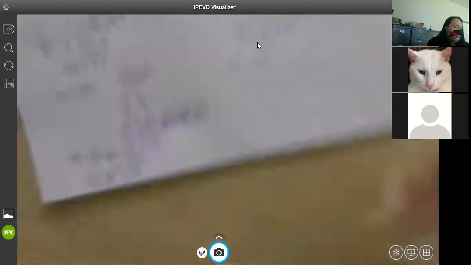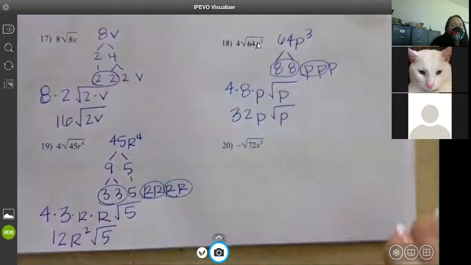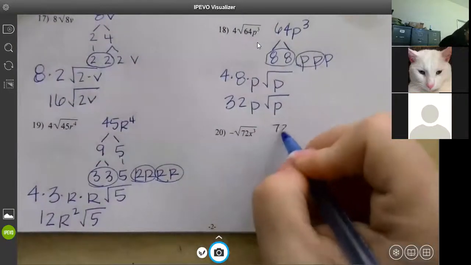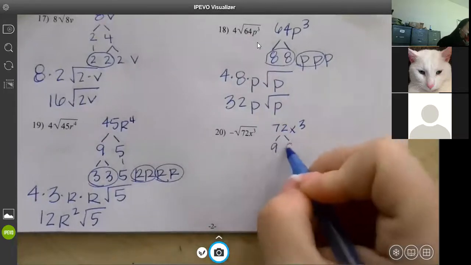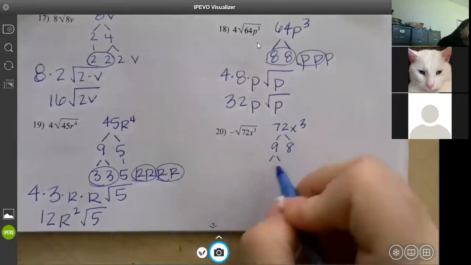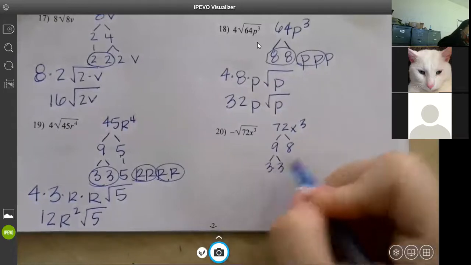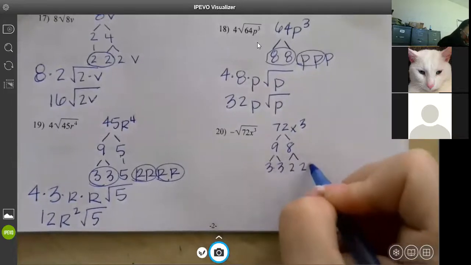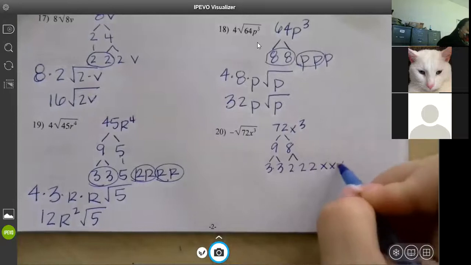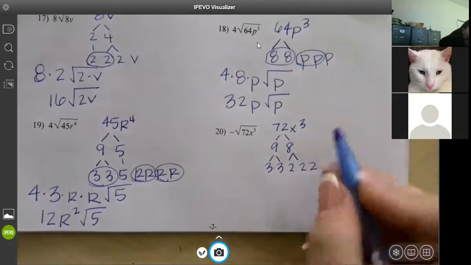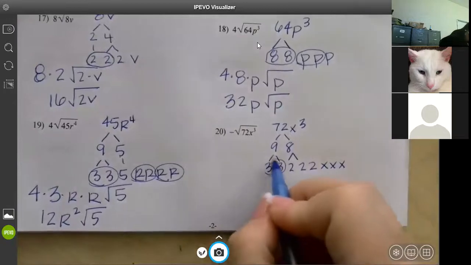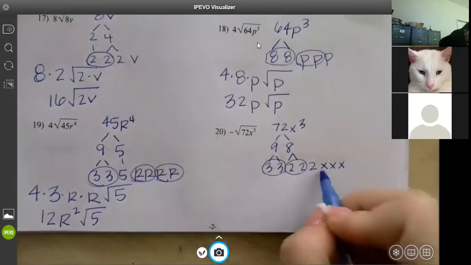All right. Whoa. 72x to the 3rd. 72 is 9 and 8. 9 is 3 times 3, and remember I told you 8 is 3 2's. Don't forget your 3 x's. So if you already know that 8 is 3 2's, just go ahead and write it out instead of doing 2 times 4 and then having to do it again. What do you have pairs of? Mm-hmm.